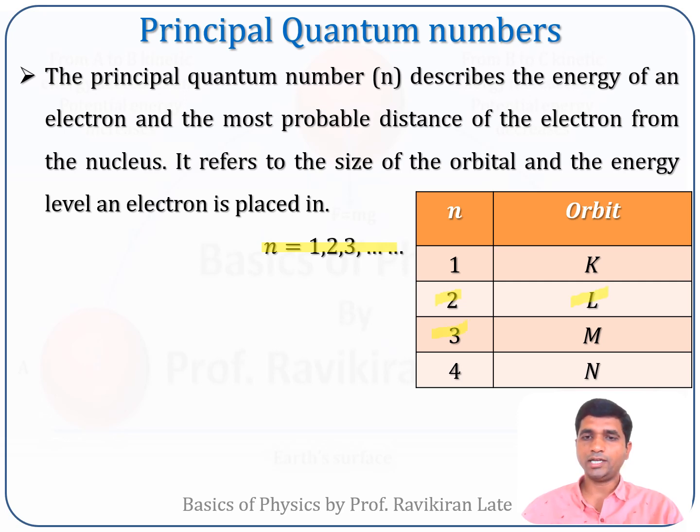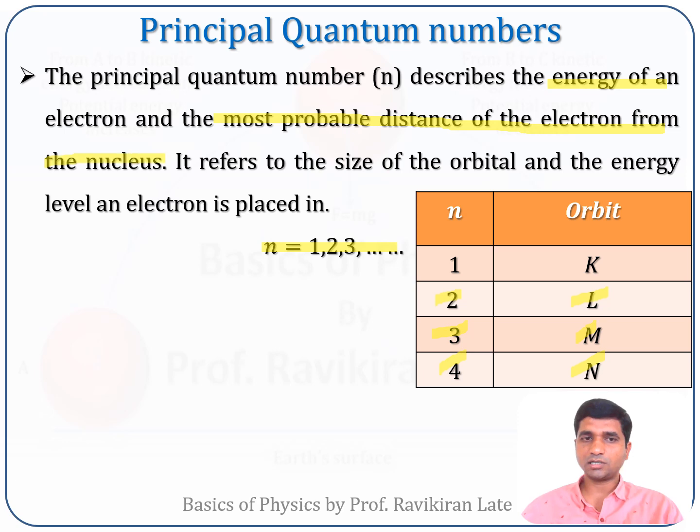For example, for n equal to 1 you have the K orbit, n equal to 2 the L orbit, n equal to 3 the M orbit, and so on. Basically, the quantum number describes the energy of an electron, and most probably its distance from the nucleus.